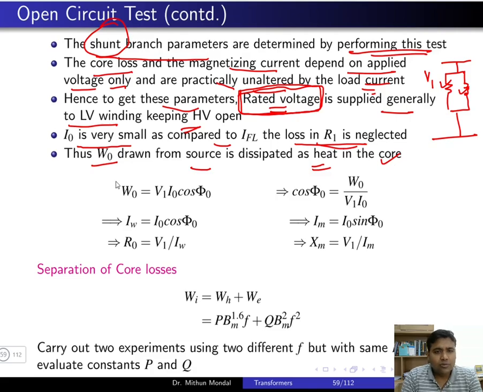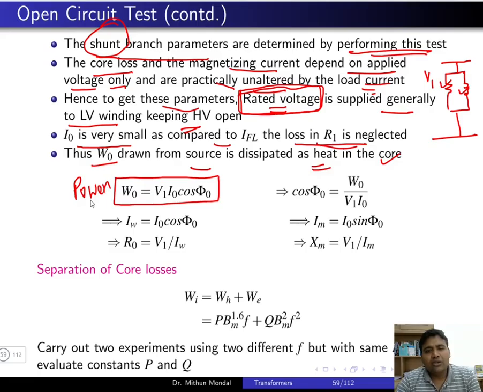Here W naught is the no load power, which we can write by the formula V1 I naught cos phi naught. We know the power formula, that is V I cos phi. So V1 is the supply voltage, I naught is the no load component of the current in the primary circuit, and cos phi naught is the power factor, the angle between the supply voltage and the no load component.